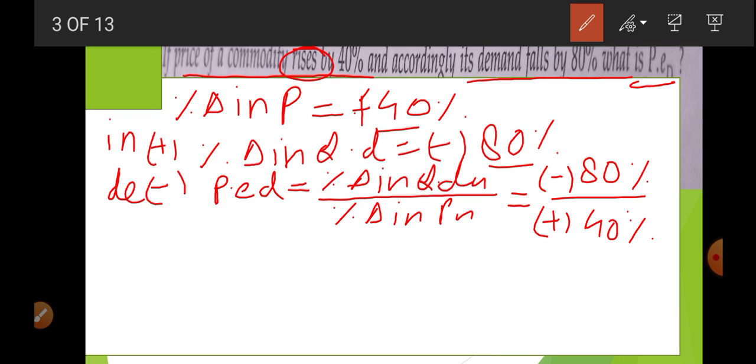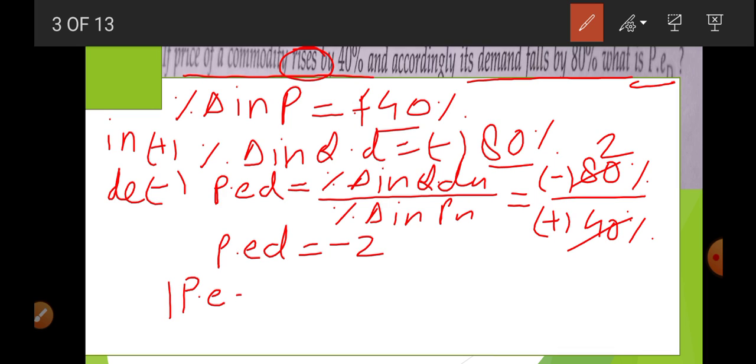Now we divide 80 by 40, and with plus and minus giving minus, the value of price elasticity of demand will be minus 2. If we want to write in absolute numbers, we put this value in mod. When you write anything in mod, the plus or minus sign is ignored, so it becomes 2.